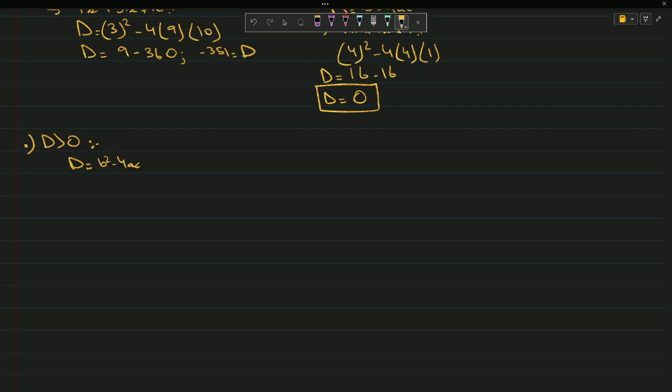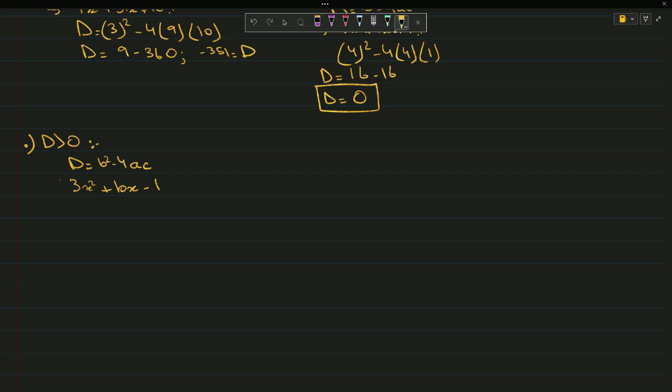This is actually C, not a fancy A. Like I told you guys, English is not my first language. Let's take an equation which would be 3x square plus 10x minus 1.